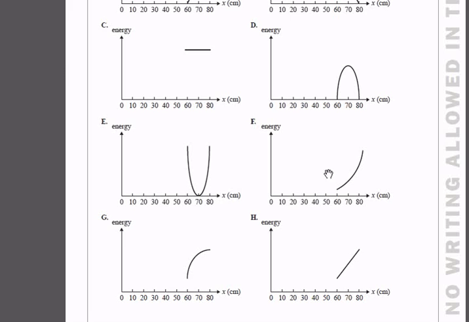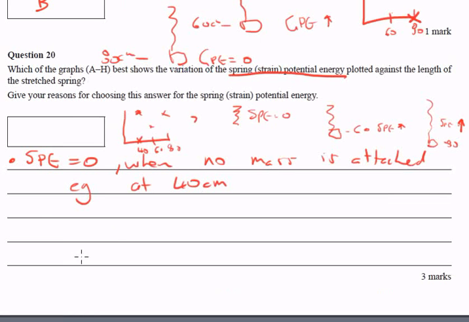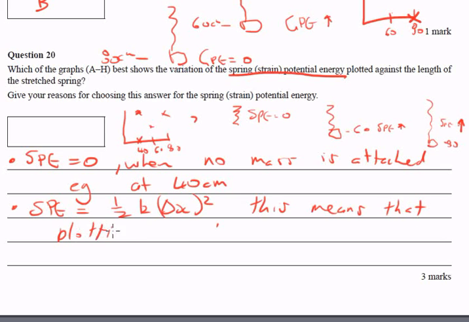It turns out the answer is F, and I'm going to show you why now. Because spring potential energy equals a half k change in x squared, this means that plotting spring potential energy versus change in x gives a quadratic shape.